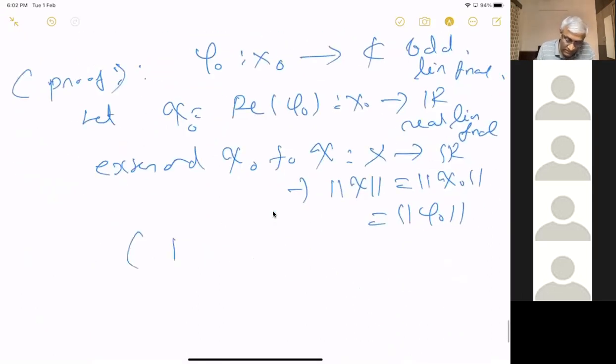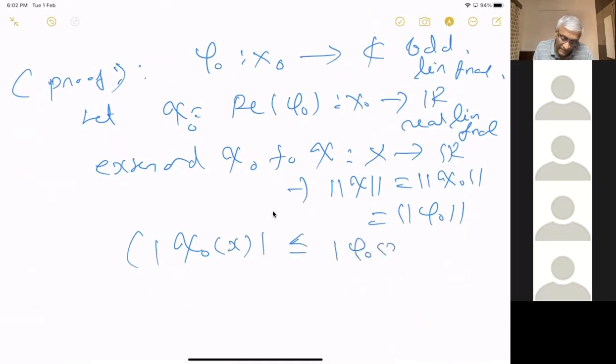That's because the modulus of chi naught x is less than or equal to the real part of that, which is less than or equal to the modulus of phi naught x, which is less than or equal to norm phi naught times norm x. But then this will be attained. Same trick: if you have any chi naught x, where phi of x is a complex number, you can multiply by a number with unit modulus to get a real number.